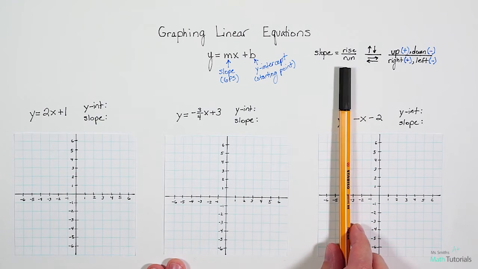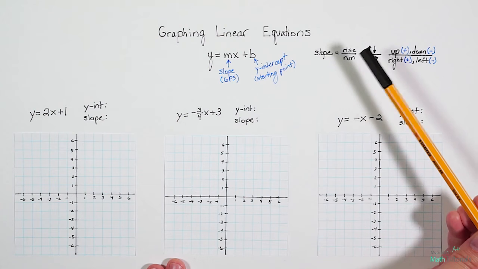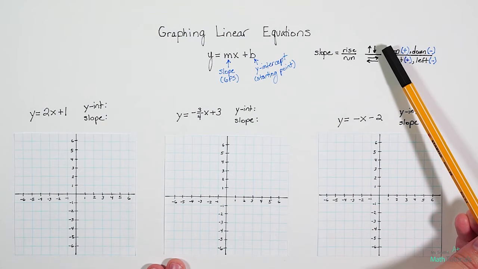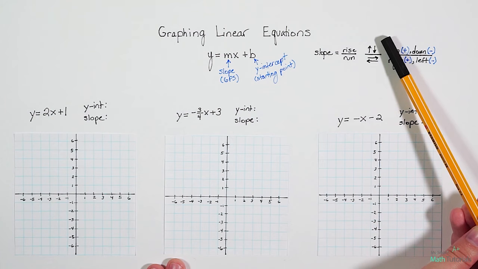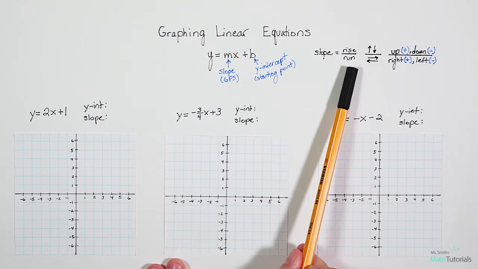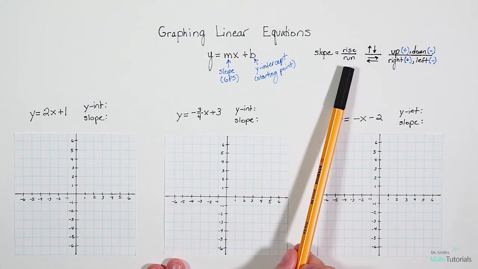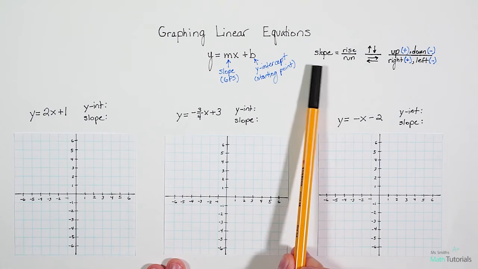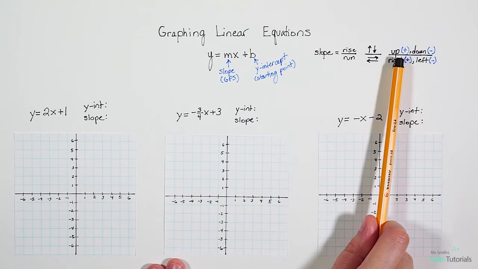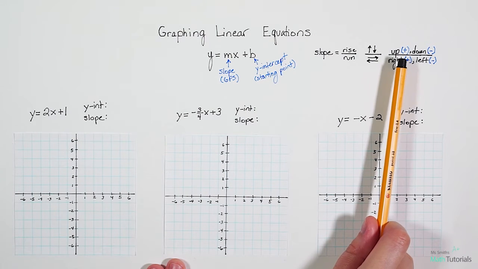The value in the top of the fraction is our rise, meaning it tells us how many units to move up or down. Our run, which is in the denominator of the fraction, tells us how many units to move left or right.